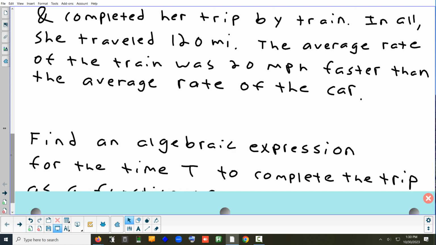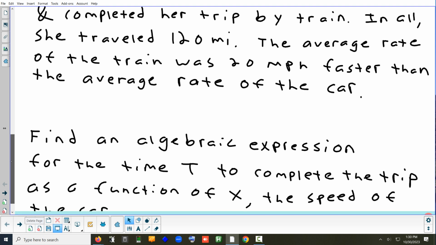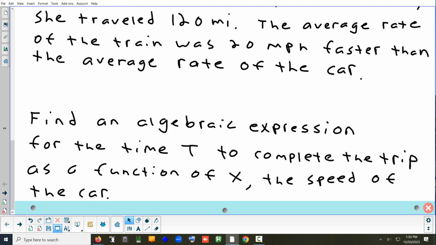They're going to tell us in this problem, let x be the speed of the car. So we're going to base everything off that. x is the speed of the car. If they didn't tell you, then it would be up to you to pick a letter, any letter you want, and then tell me what that letter means.